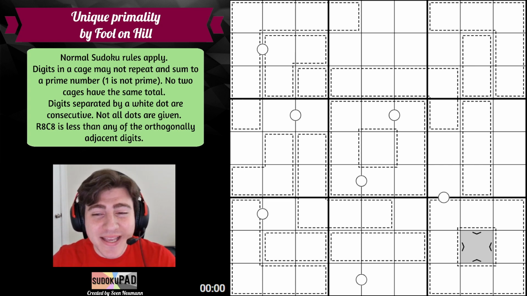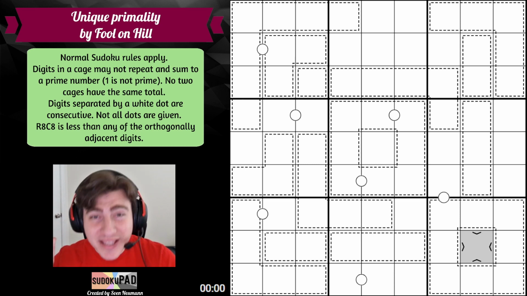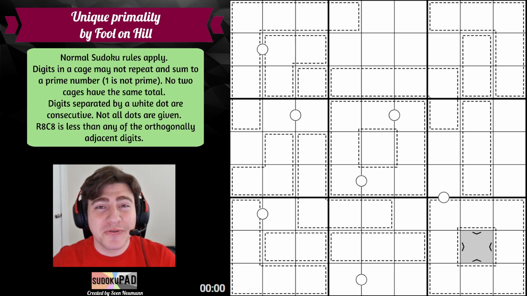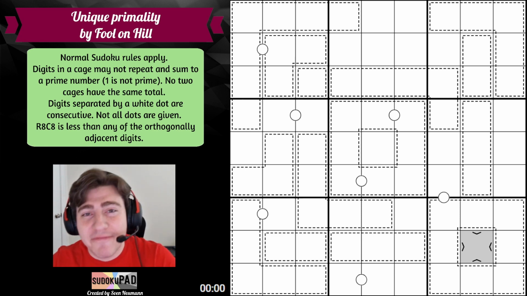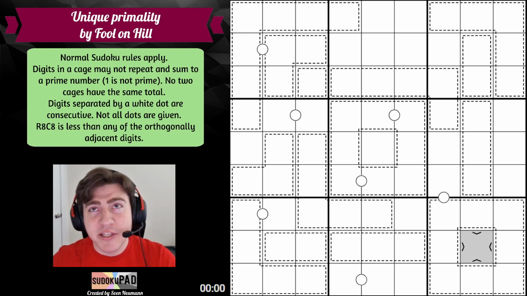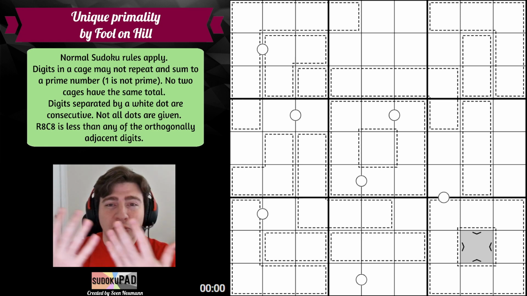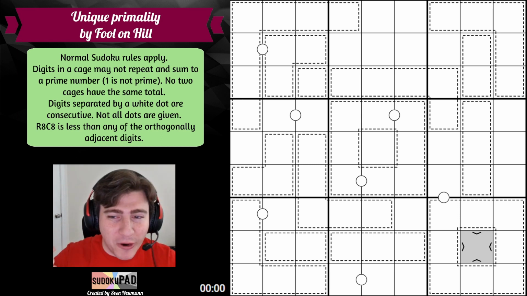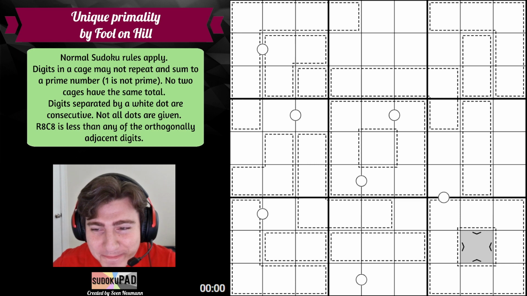But 2 is not only the only even prime digit, it's also the lowest prime number because, as Fool on Hill points out, 1 is not in fact prime. Even though you would think, well, 1 is made up of 1 and itself. Well, then it's not 1 and itself. It's not two different things. It's only one thing. 1 is made up of one thing as opposed to the rest.